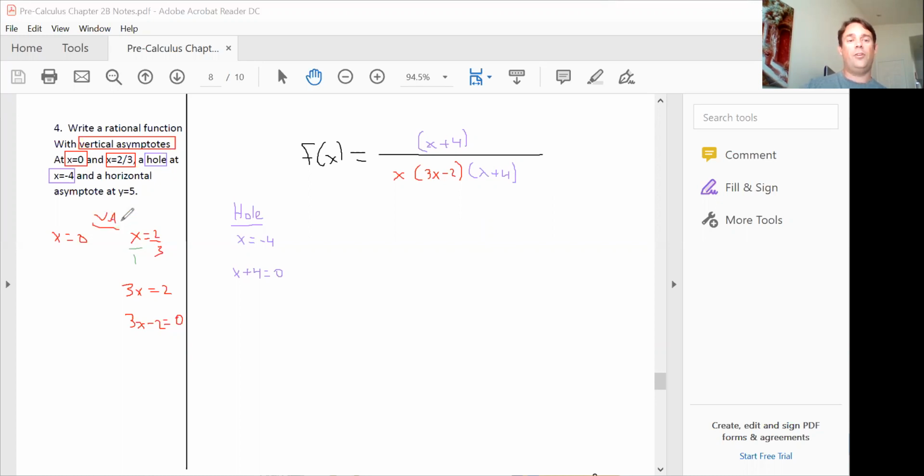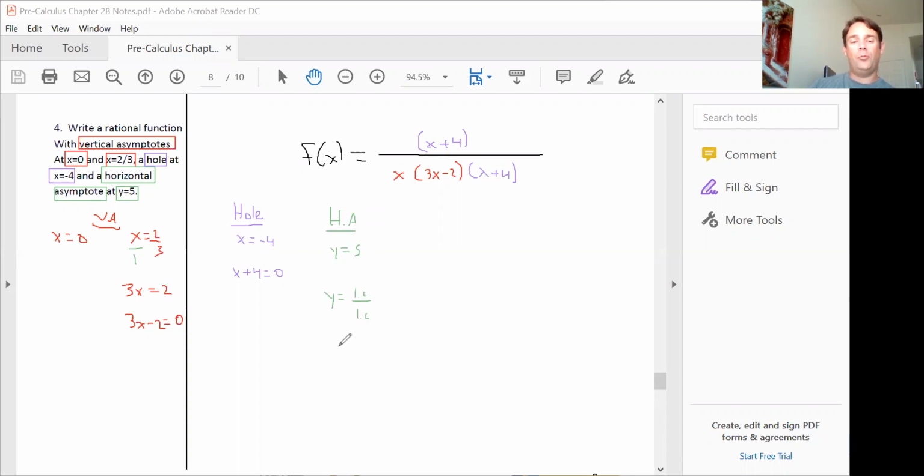And the last thing they give me is a horizontal asymptote, and that was at y equals 5. Well, if the horizontal asymptote is some number not equal to 0, that means it had to be my leading coefficient divided by my leading coefficient.